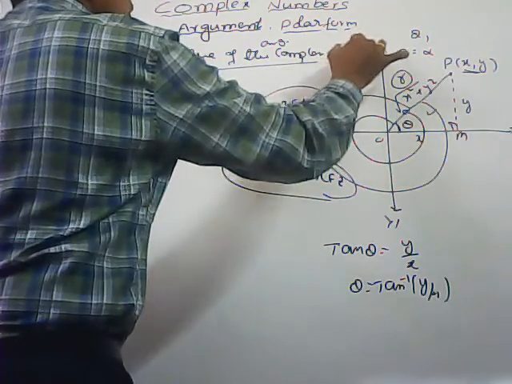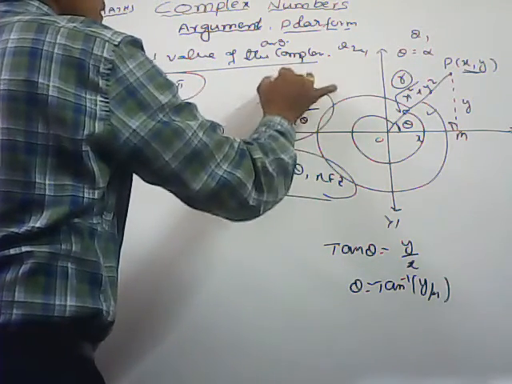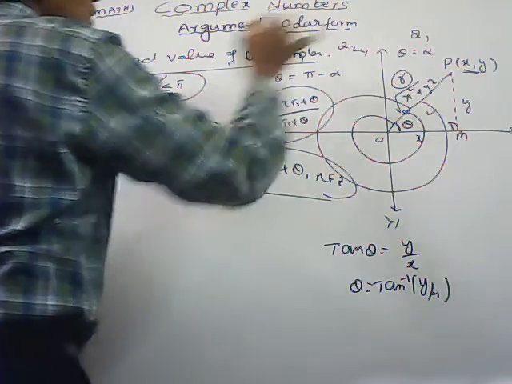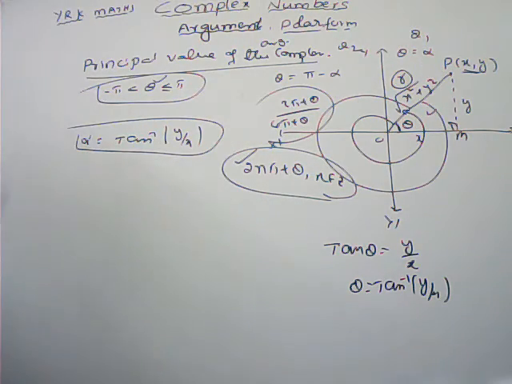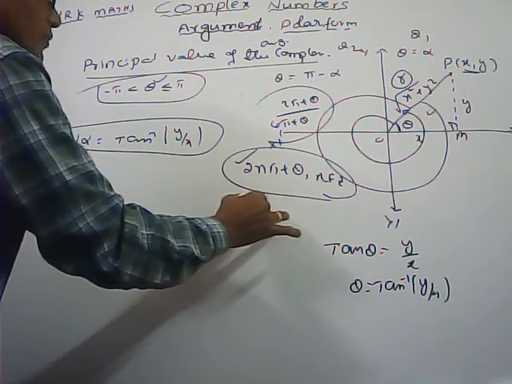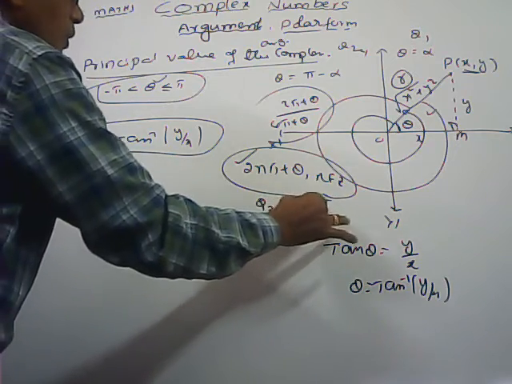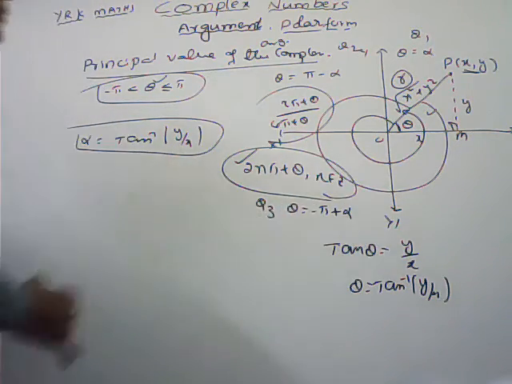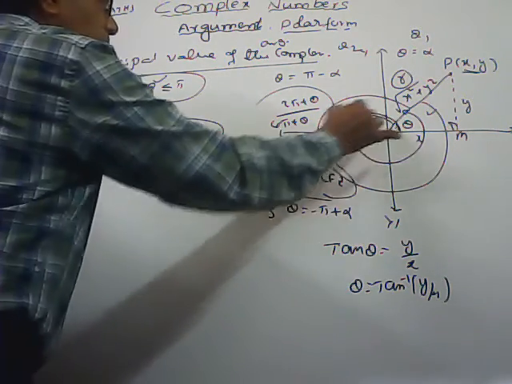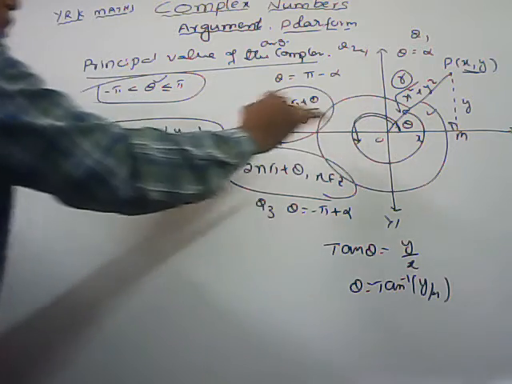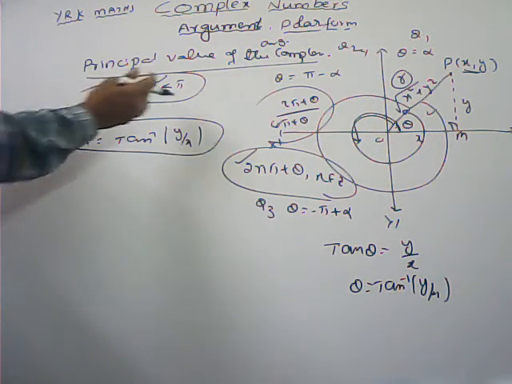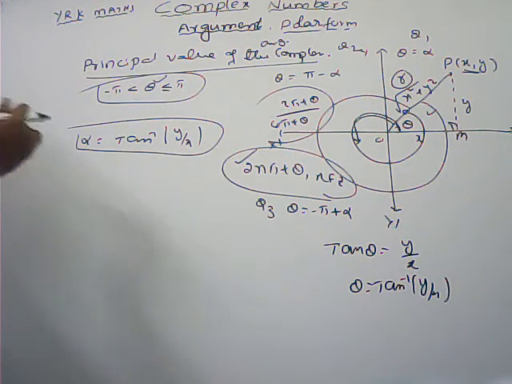In the second quadrant, theta is equal to pi minus alpha. Everywhere alpha is tan inverse of modulus of y by x only. In the third quadrant, theta is equal to minus pi plus alpha. We can't take pi plus alpha, because theta must be less than or equal to pi.